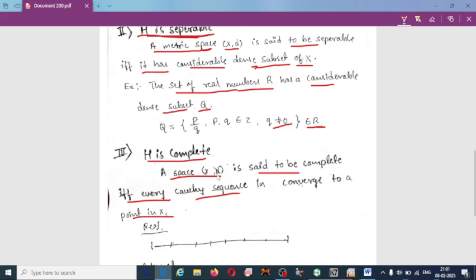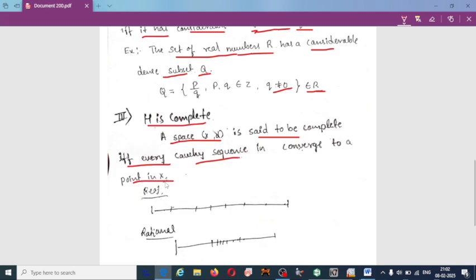Every convergent sequence is a Cauchy sequence, but every Cauchy sequence will not necessarily be convergent in general. You should remember this.